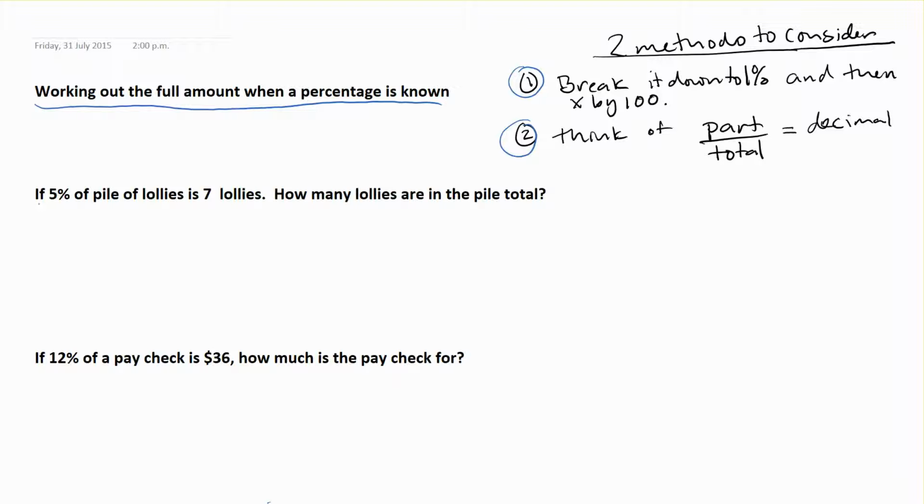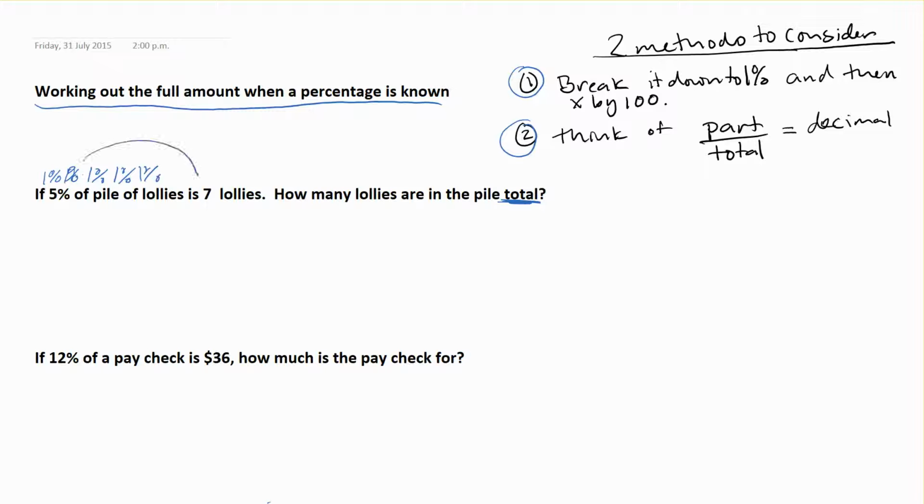So if 5% of a pile of lollies is 7 lollies, how many lollies are in the pile total? So here we're trying to work back and find the total or the whole or original amount. And one way that we can think about doing that, well, if you think about 5% being 5 individual 1%, 1, 2, 3, 4, 5.